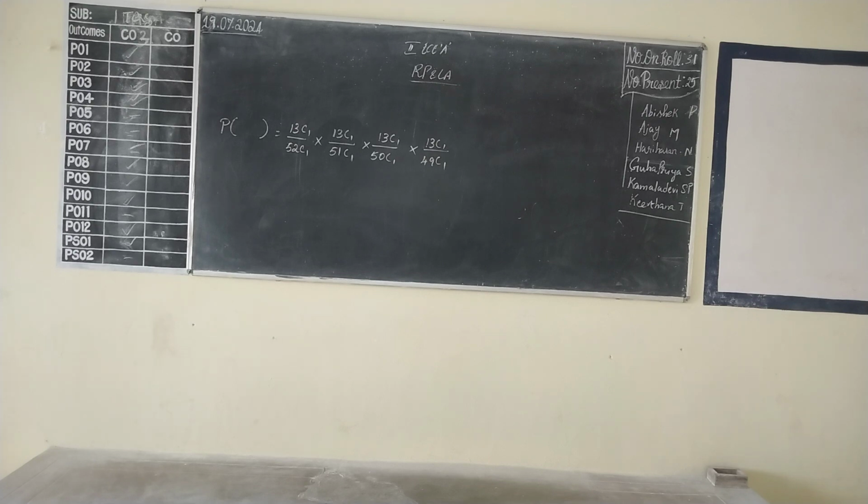An event A is said to be a dependent event if the occurrence of A depends on another event B which has already happened.